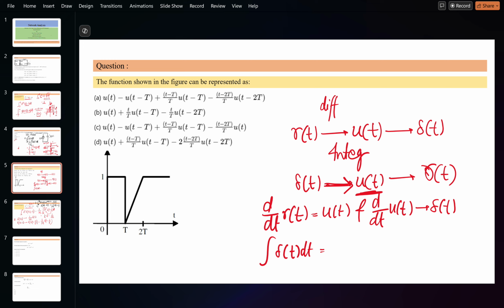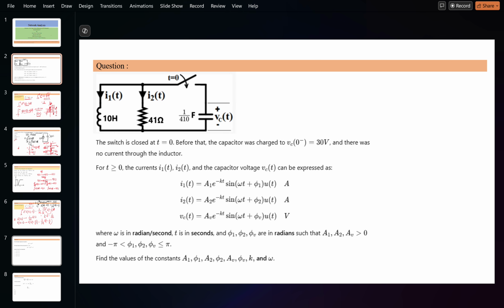These are standard functions which you will encounter in many places. So the integral of delta t dt will become u(t), and the integral of u(t) will become the ramp function. Okay, this is the hierarchy. So why am I giving you these theorems? This is very helpful to solve a few problems. This is basically one such kind of problem.